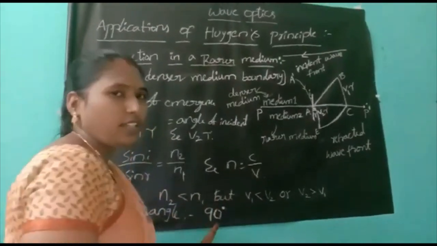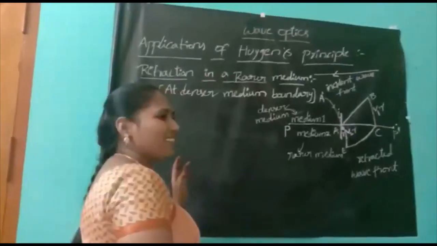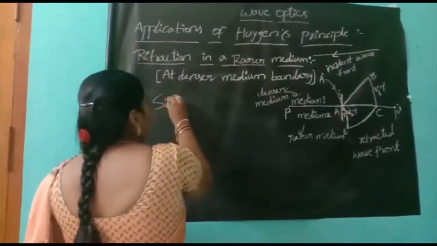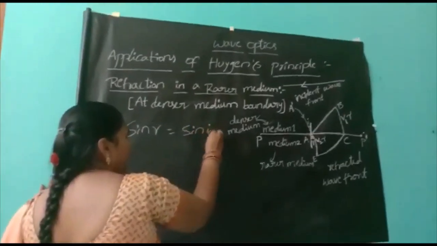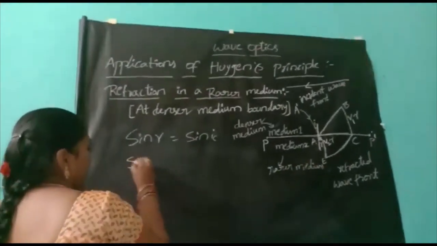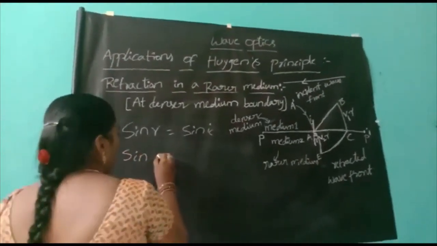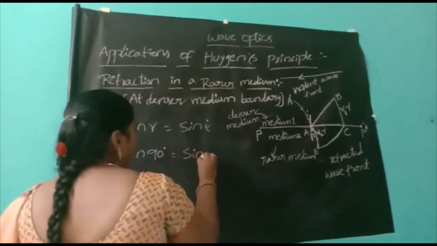In this case, sin r is equal to sin 90, and IC means the critical angle in the incident wave.